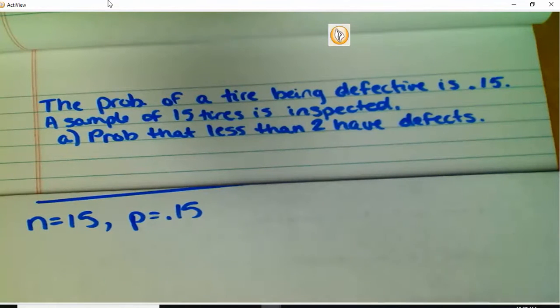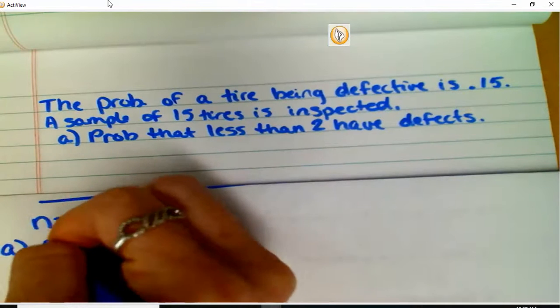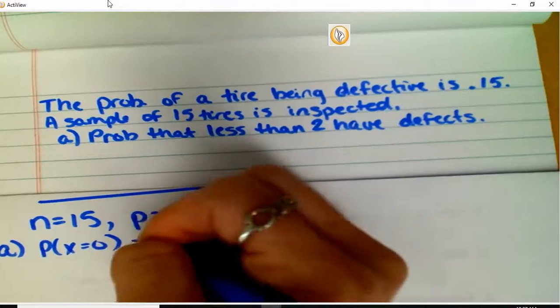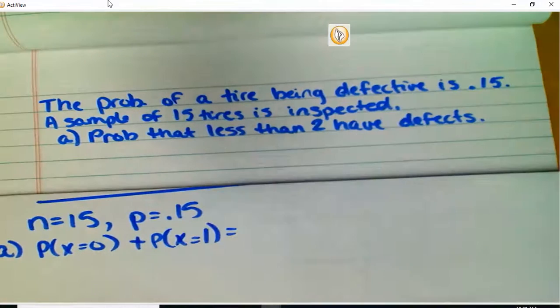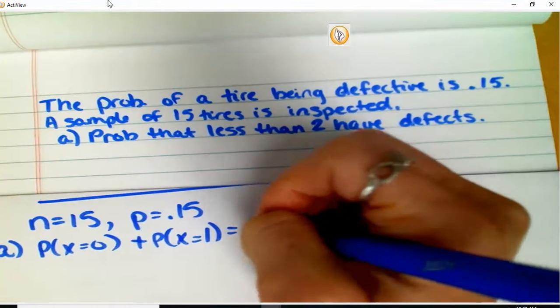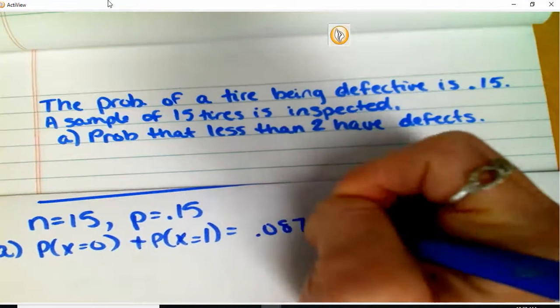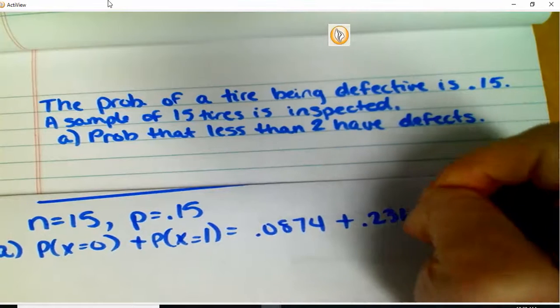Yes, so we can. So for the first question, the probability that less than 2, so that means you could have 0 or you could have 1. So we'll add those together. So go to your n equals 15, probability is 0.15. So at 0 you get 0.0874. 1 is 0.2312.